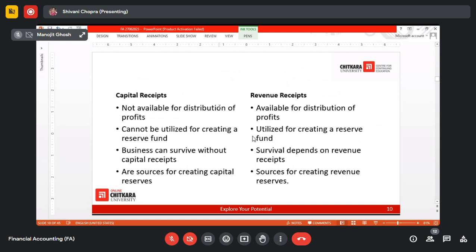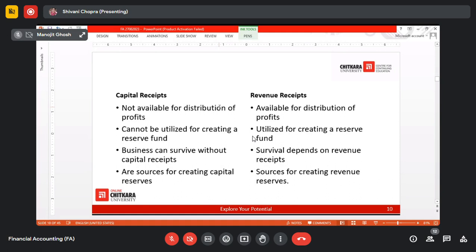Even if a business is into the sale and purchase of land or real estate, the receipts from those transactions will be revenue receipts. Whereas the sale of anything which is part of the asset side of the balance sheet, except inventory, would result in capital receipts.